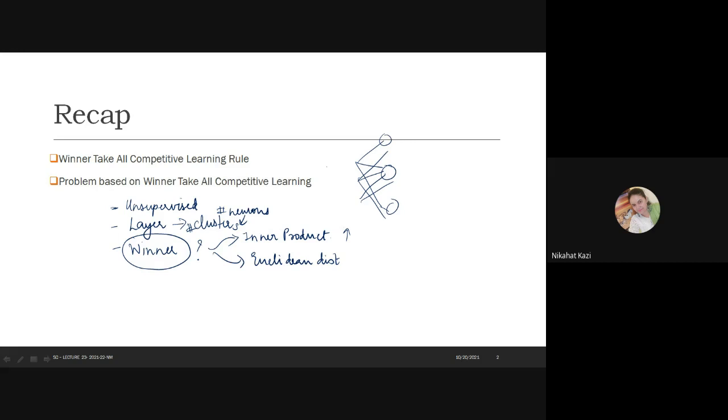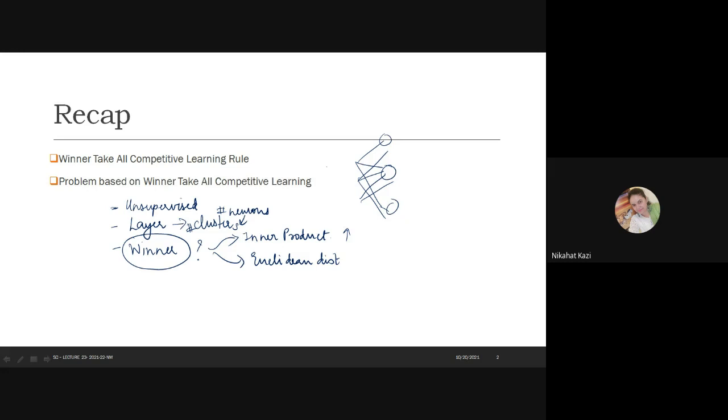Okay? And in the case of Euclidean distance, what do you do? Of course, it is a distance measure. So whichever weight vector is having the least distance with the given input pattern is the winner. That means it is closer to that pattern.